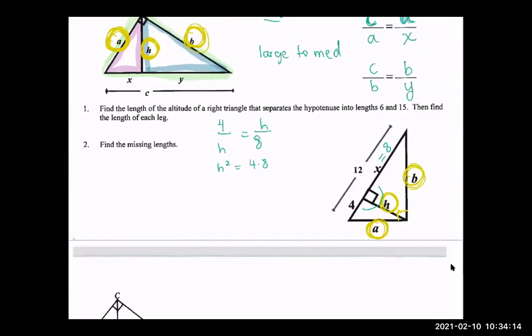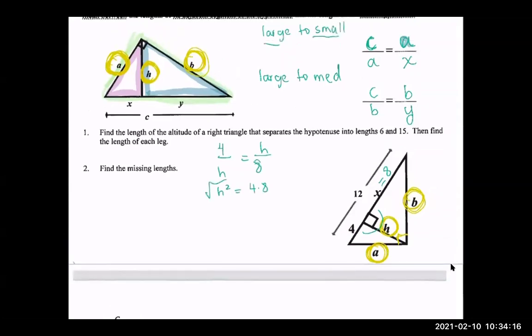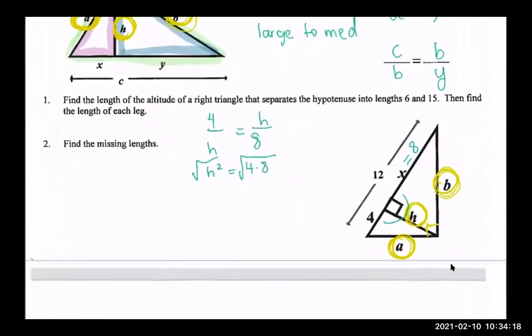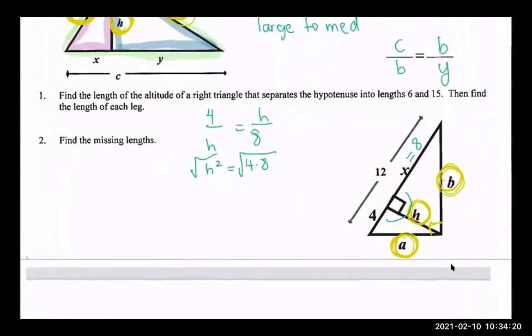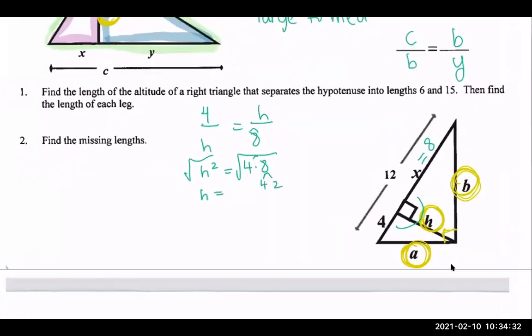Okay, solve the proportion. We take the square root of both sides. Notice that when you take the square root of both sides, you have the square root of H squared is just H. And then you have 8 is 4 and 2. So if you cross and you circle one of the 4s, you get 4 radical 2 is your H, or your altitude. Okay, so it allows us to solve for those missing sides.